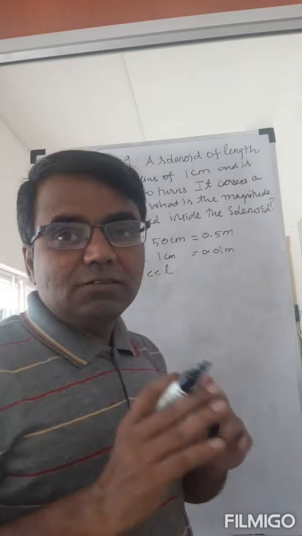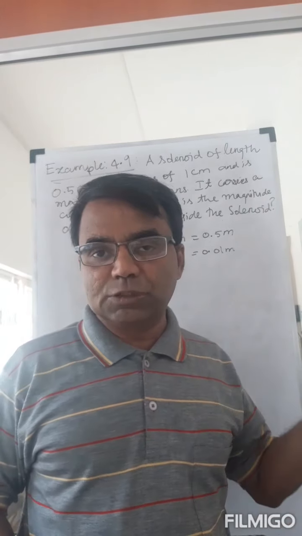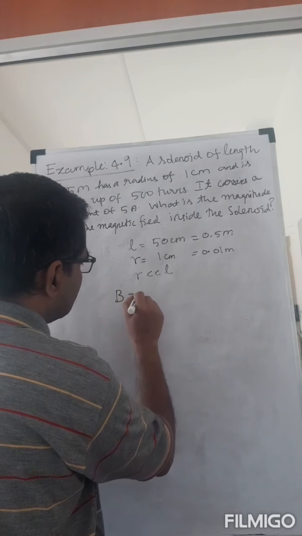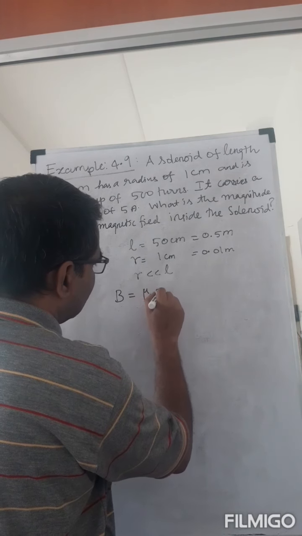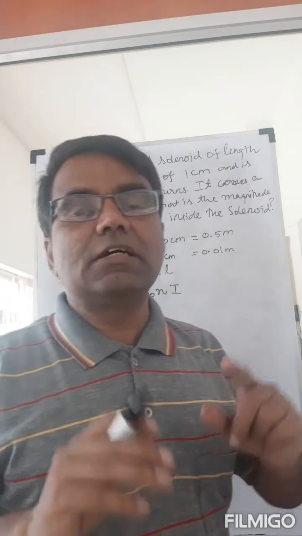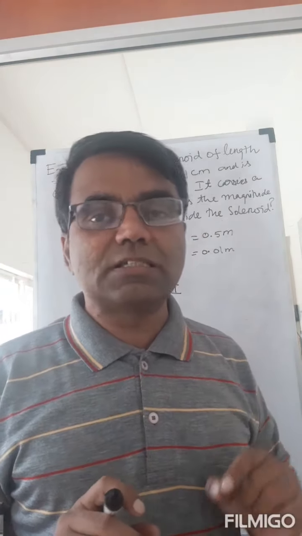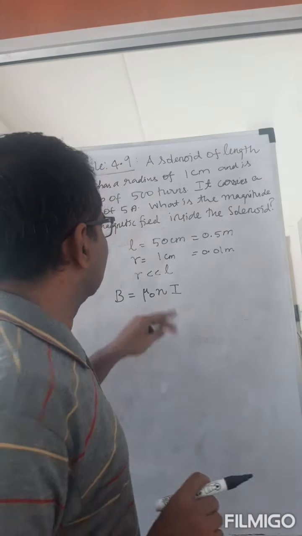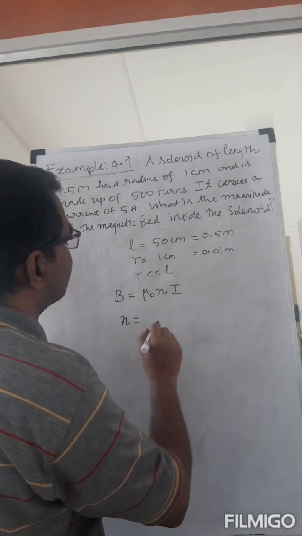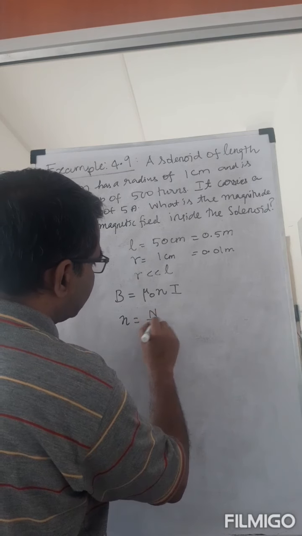It's 50 times greater than the radius. So we can use the long solenoid formula which we have just derived, which is B is equal to mu naught n I, where the small n is the number of turns per unit length. Then what is n?